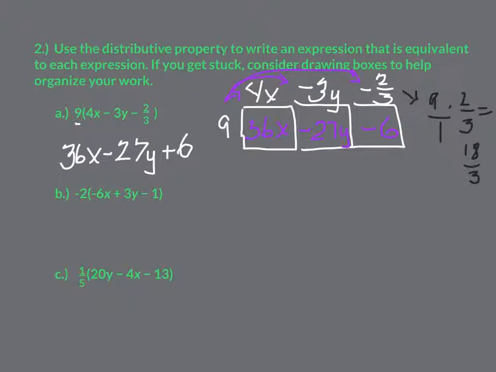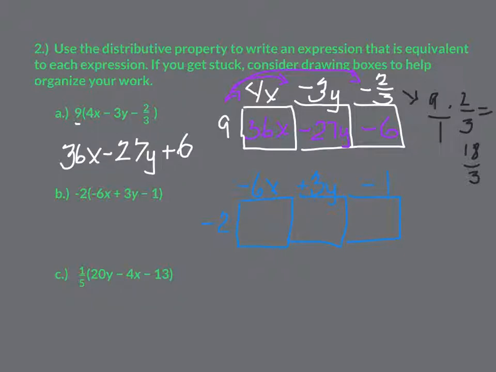Okay, first one's done. Next, I've got 3 terms again, so I'm going to make myself 3 boxes. Remember the number on the outside, which in this case is -2, is on the outside of the box. And then the rest of the terms sit on top of my boxes, so -6x, 3y, and -1. It does say positive and plus.